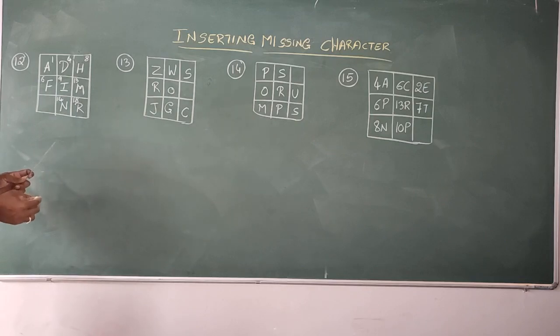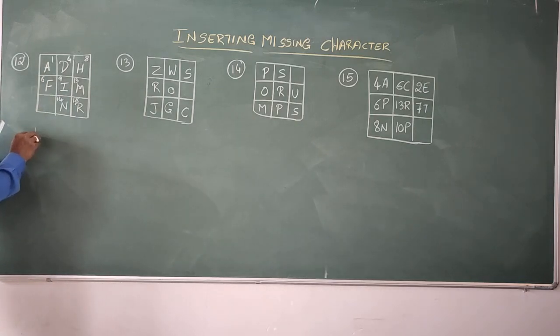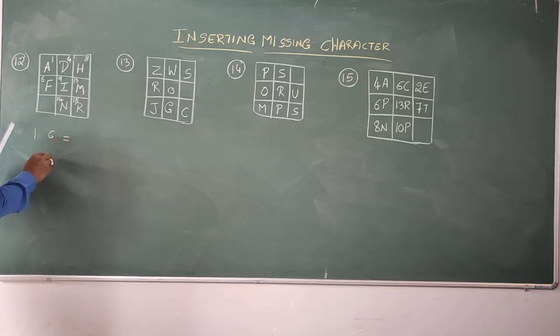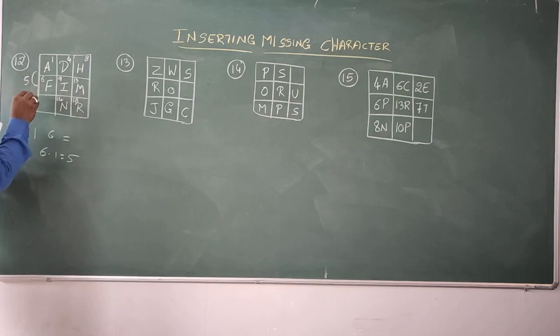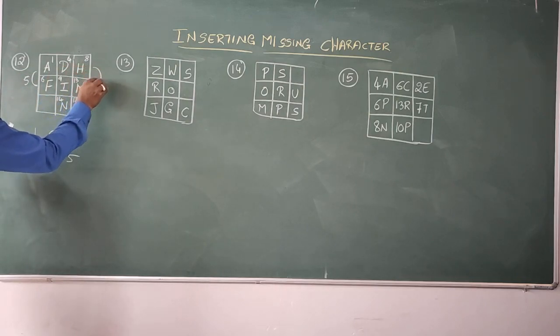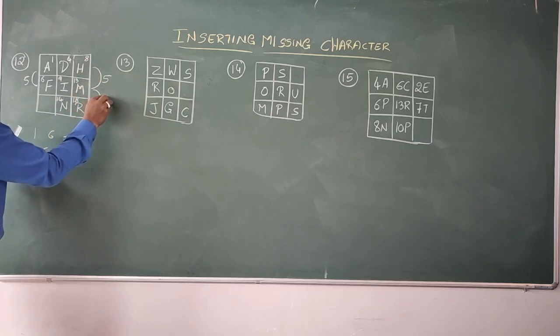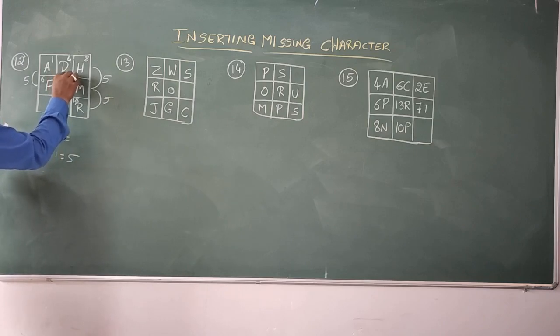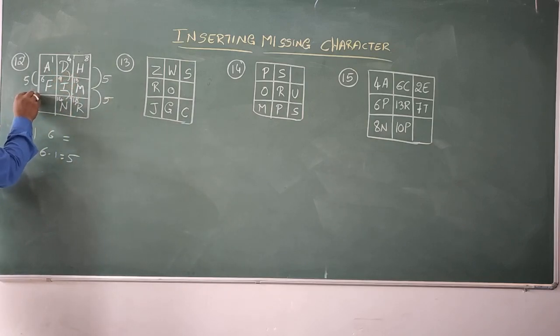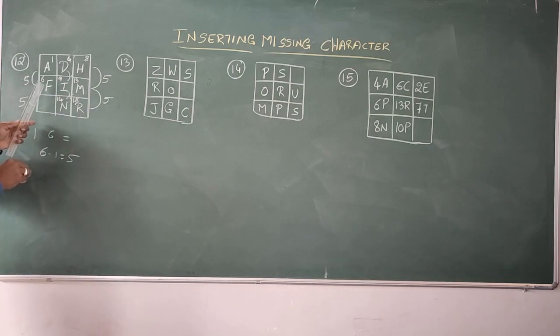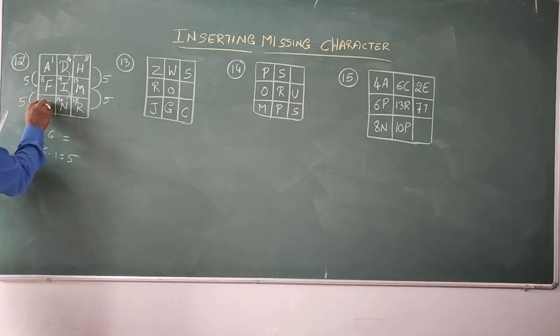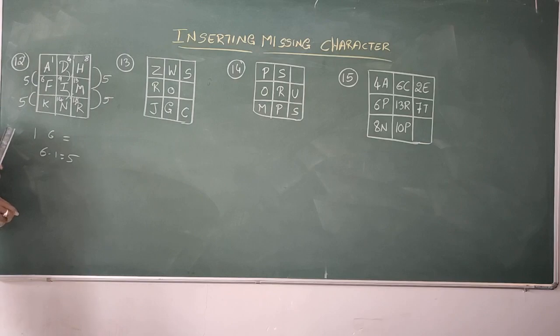But you can do directly also, no problem. See here, A means 1 and F is 6. So what is the difference between these two? 6 minus 1 is 5. Difference between these two is 5. And difference between these two, 13 minus 8 is 5. And difference between these two is also 5. In the same sense, 5, 5. And here also it should be 5. So F 6 plus 5 is 11. 11th letter is K. Our answer is K.